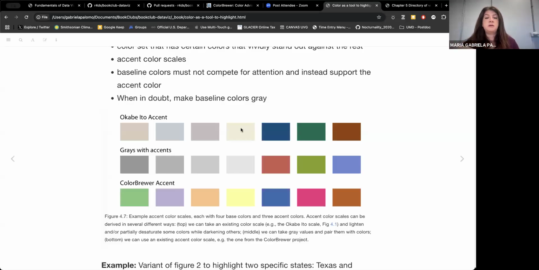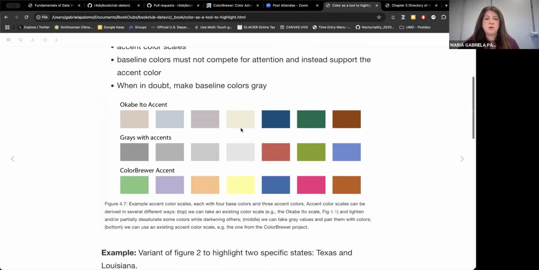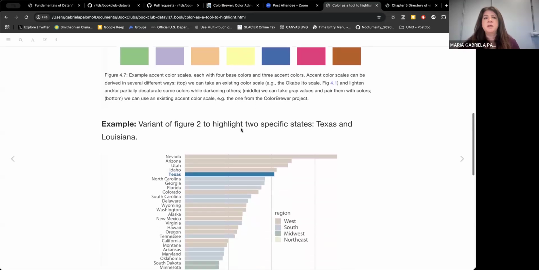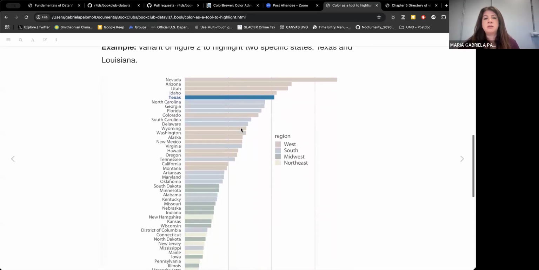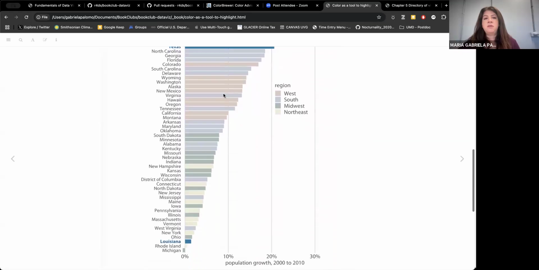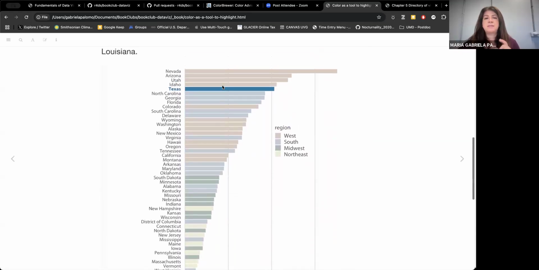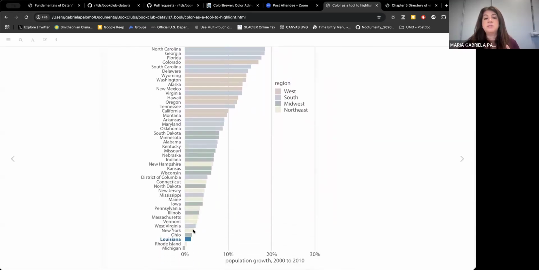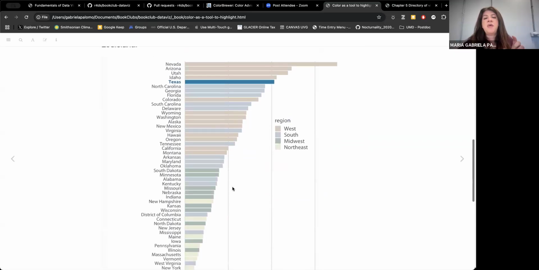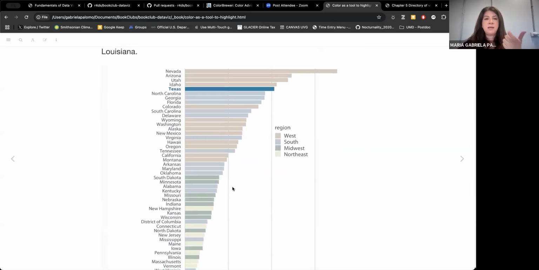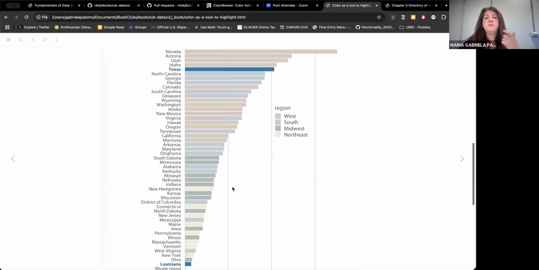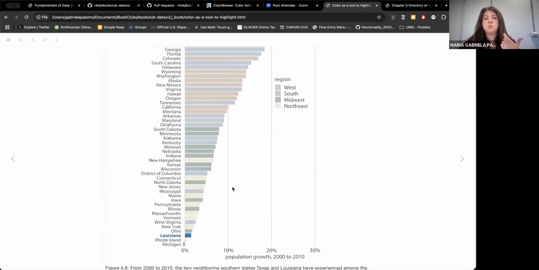And when you see it in a graph, you really see that they help to highlight the accent color or colors that you wanna show. So for example, here in this graph, you see that all the colors are muted in a way, except for the Texas and Louisiana bars. And that is because the author wants to highlight, for whatever reason, the values of those 2 states.